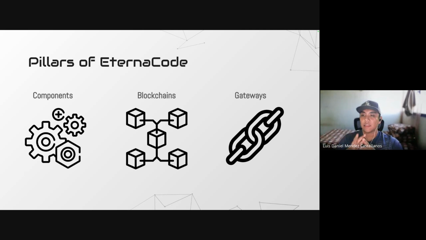And finally, the gateways, which are the access point to the components on our platform. Also, Eternal Code is an open source project, so you can take the repo, fork it, and create another gateway to give people access to our components.